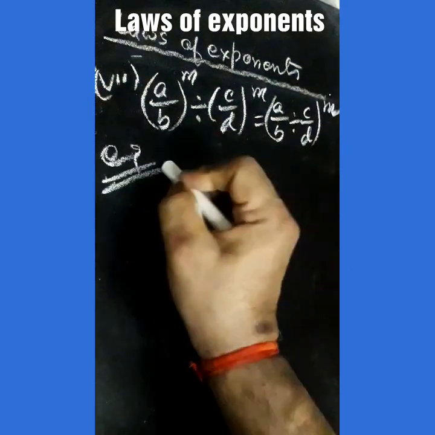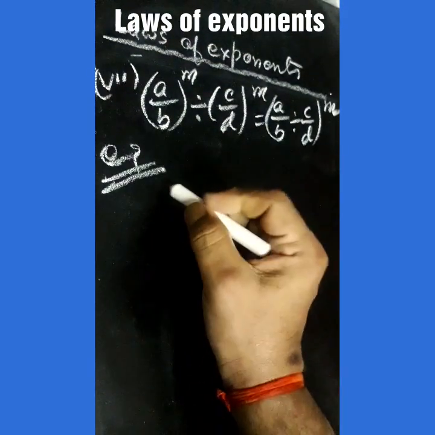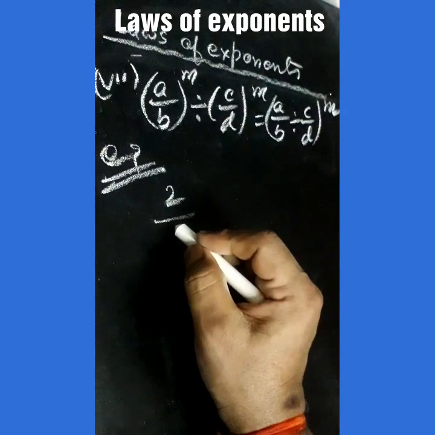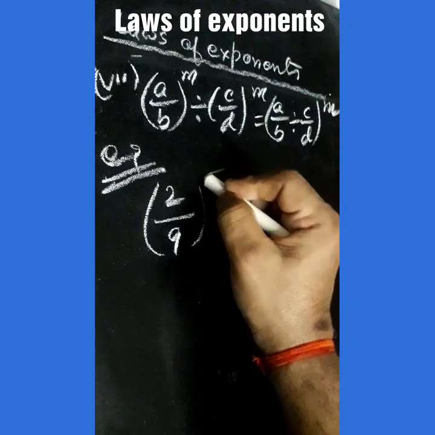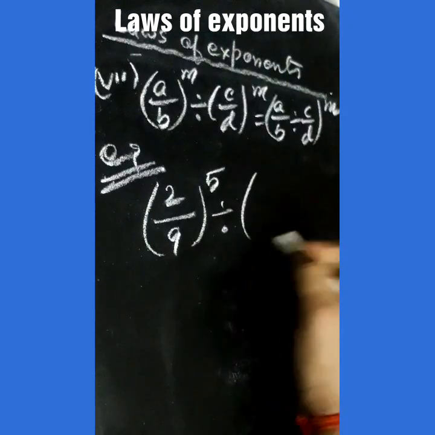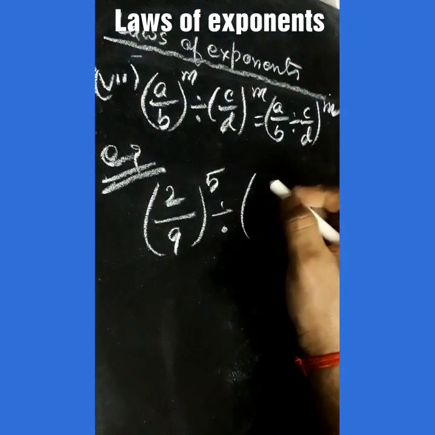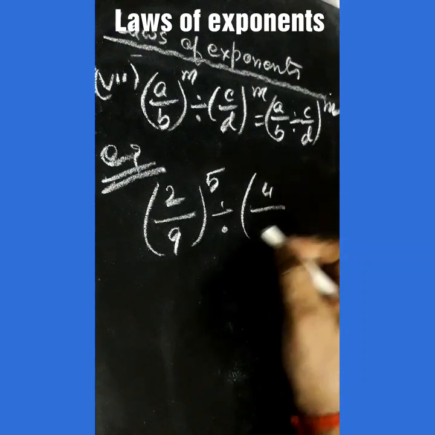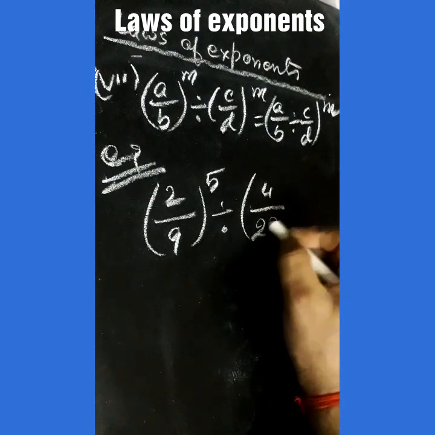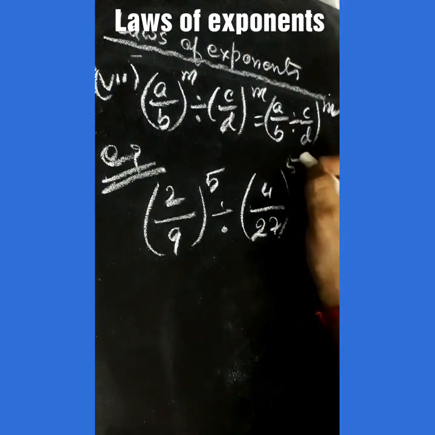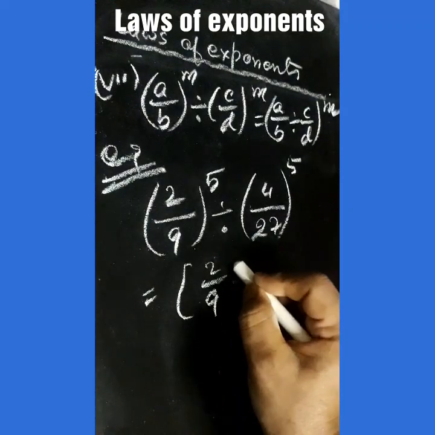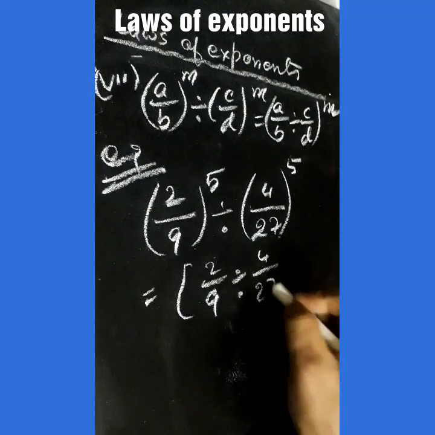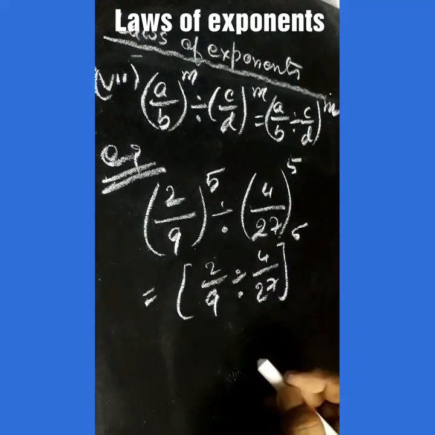Let us take an example to understand this. (2/9) raised to the power 5 divided by (4/27) raised to the power 5. Here it will become (2/9 divided by 4/27) raised to the power 5.